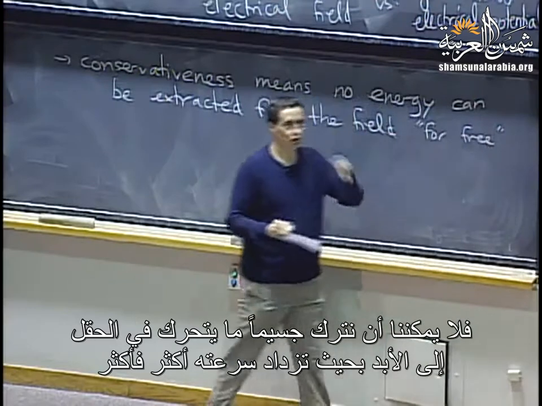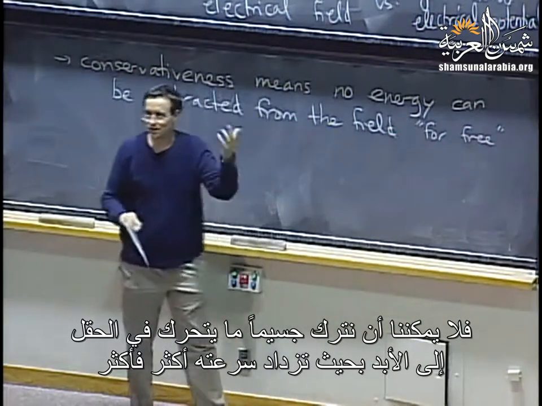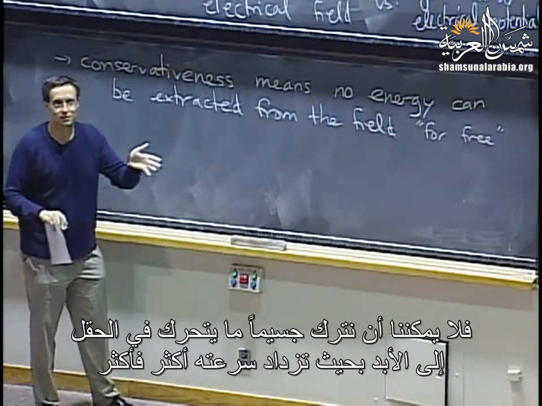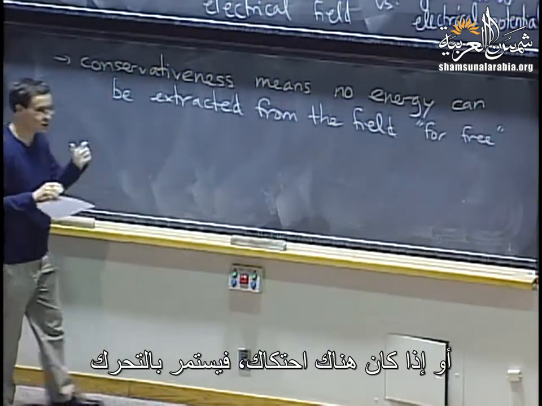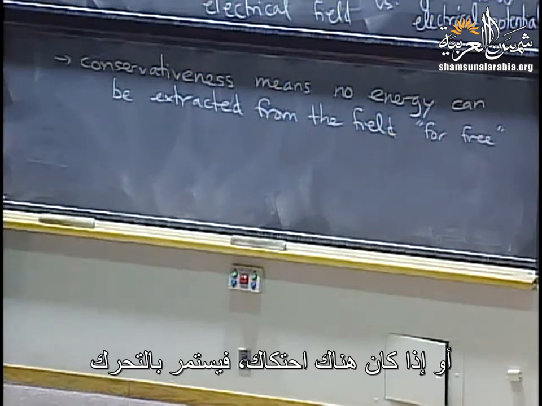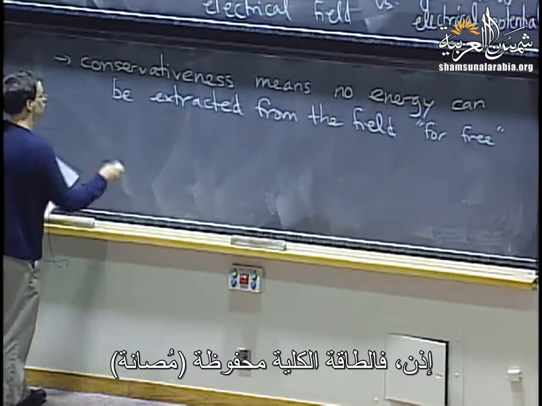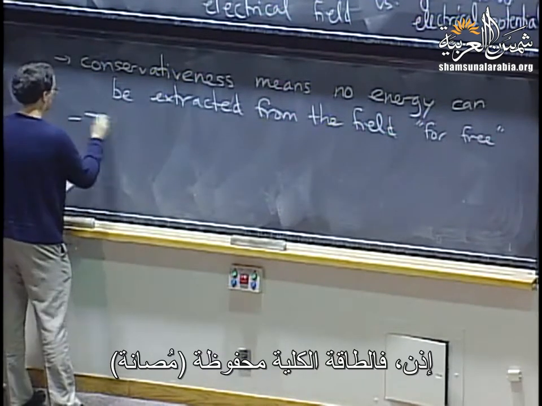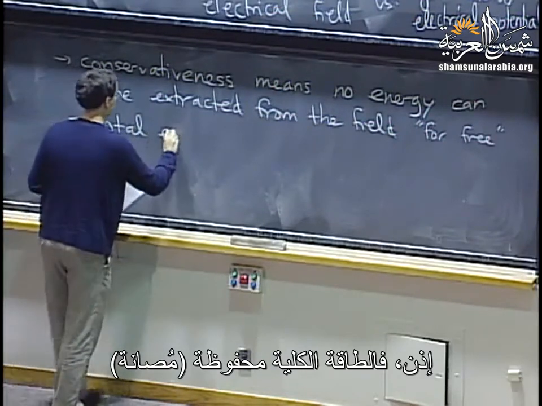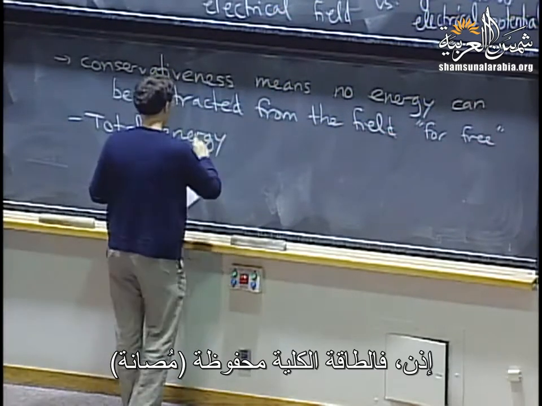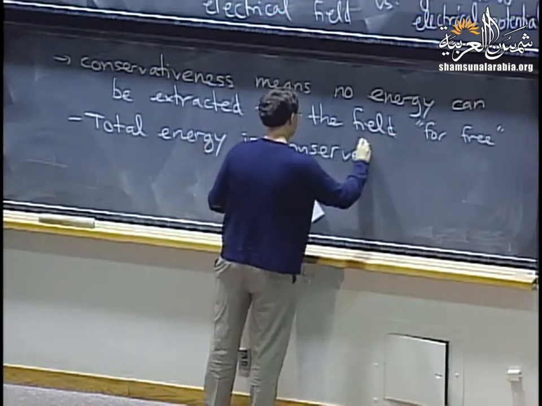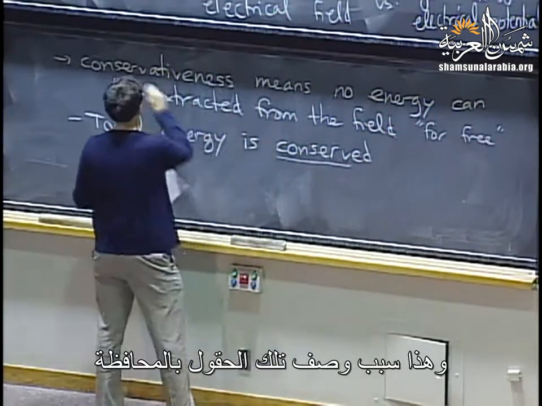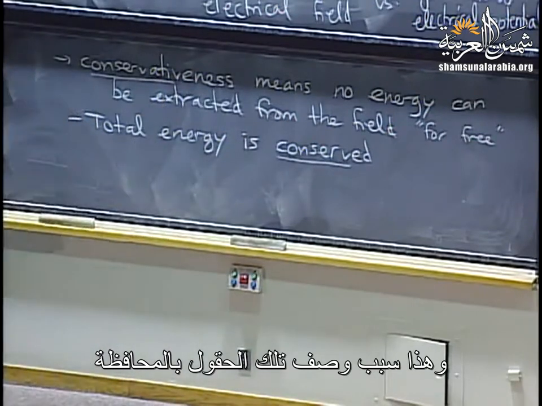You can't just have a particle moving in that field and going on indefinitely faster and faster, or if there's actually friction, then keep moving. So total energy is conserved. And I guess that's why we call that conservative. Okay.